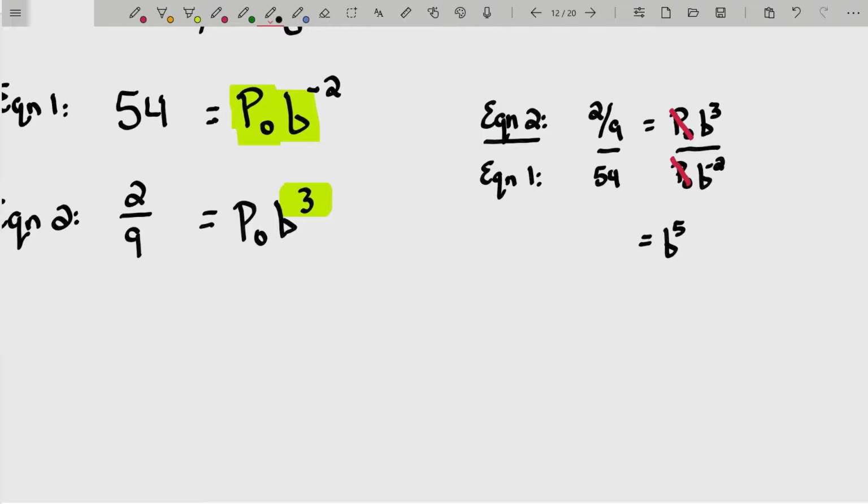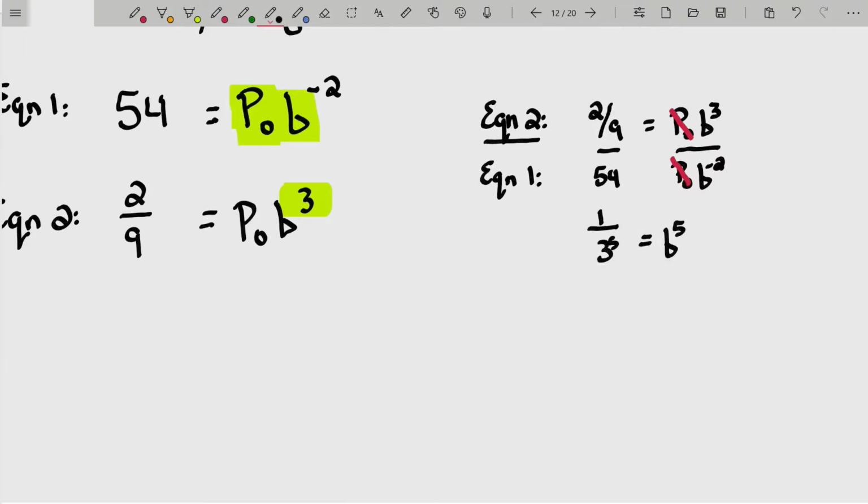And then finally, I could go ahead and take that 2/9. 2 goes into 54 27 times, so this is 1 over 27 times 9. And if you don't know what 27 times 9 is, I don't blame you, but I do know that that's 3 cubed, and that is 3 squared. So altogether, that is 3 to the fifth.